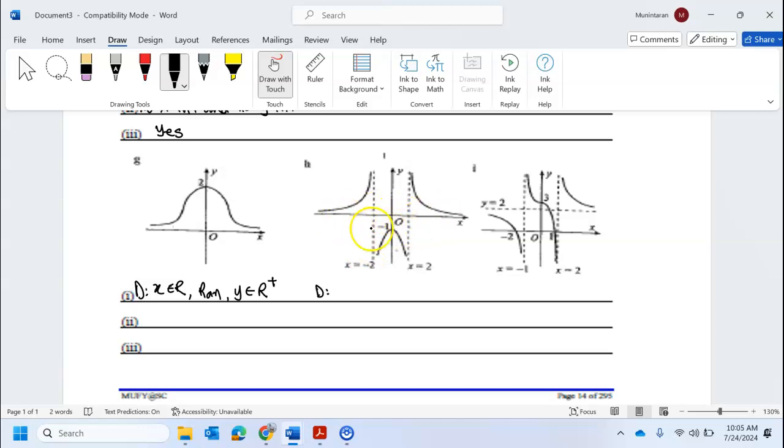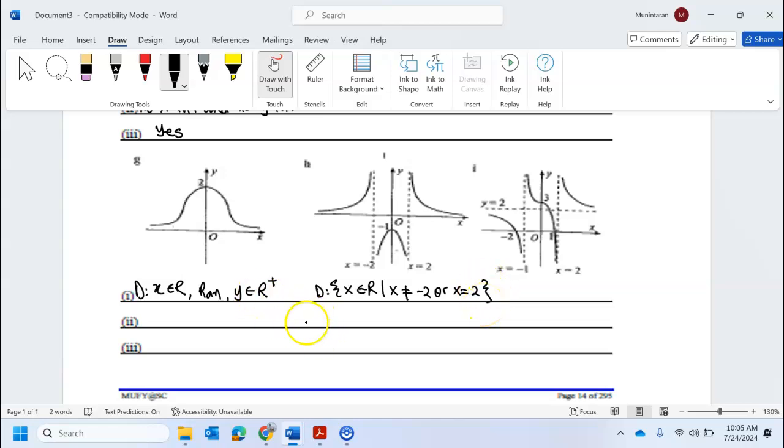There's quite a lot of segments, so let's do one by one, or you can just say domain is X is subset of real such that X does not equivalent to -2 or X does not equivalent to 2.